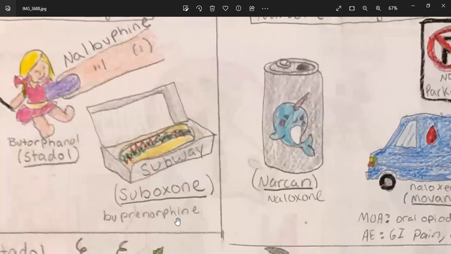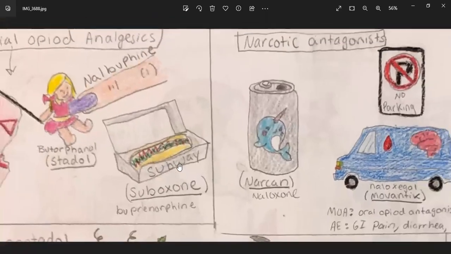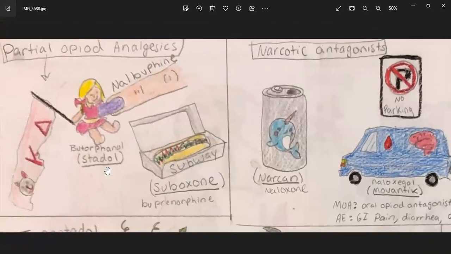When we learned it the first time, it had the brand name Suboxone. In this PowerPoint, it has the brand name of Buprenex, and it actually says that Suboxone is a combination of buprenorphine and naloxone. So keep that in mind. But I previously had that these were partial opioid agonists or analgesics, and they worked on mu, kappa, delta receptors.